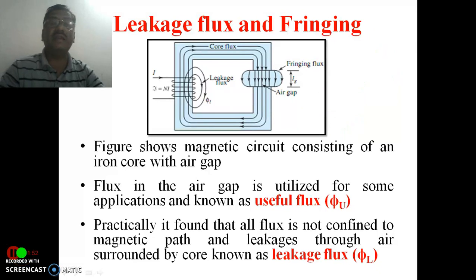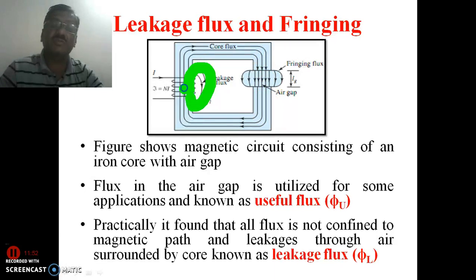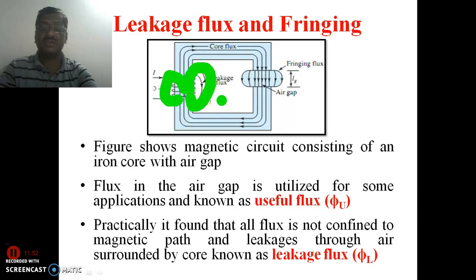Similarly, what do you mean by the leakage flux? Practically it is found that flux is not confined to the magnetic path. All flux is not going through this path only, which is the low reluctance path as far as the magnetic circuit is concerned. Some flux leaks through the air, maybe in this direction, maybe this direction, or sometimes in other directions also.